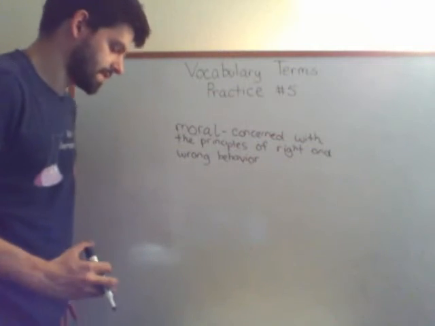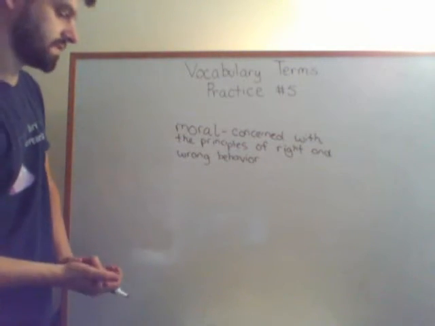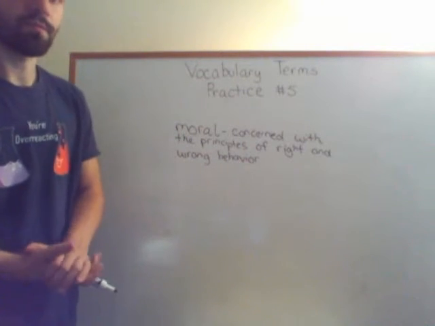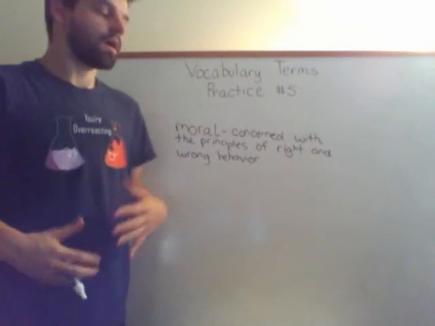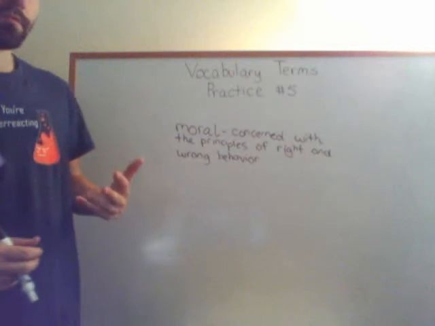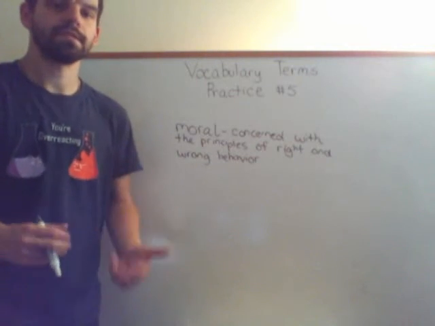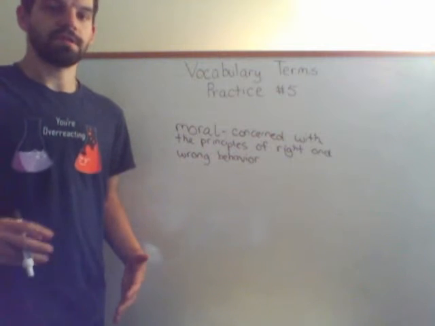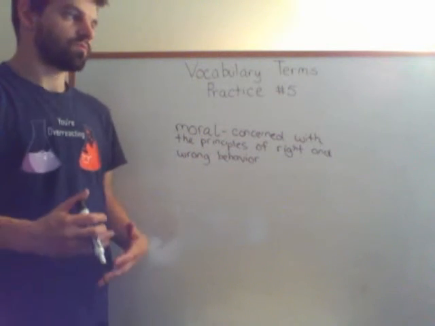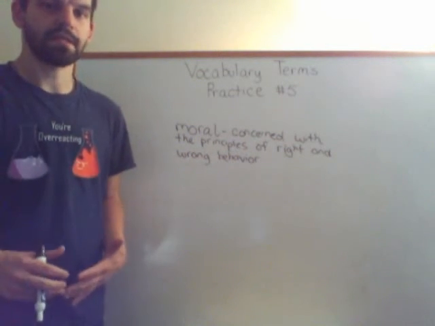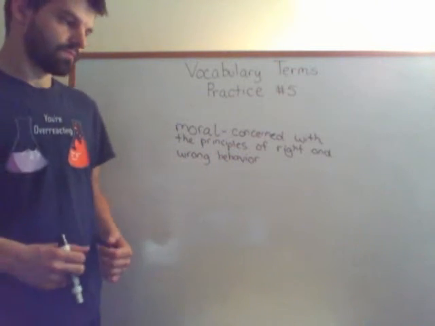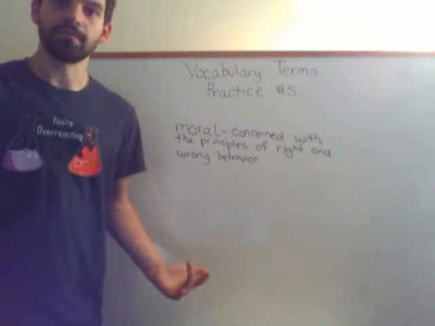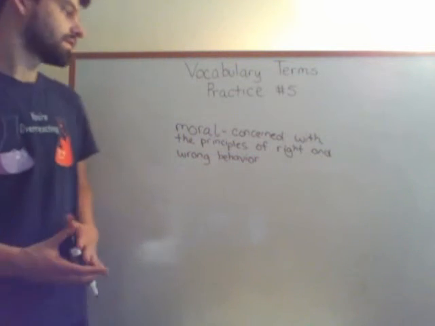Okay, and the sentence that I came up with for this definition is, he prides himself on being a highly moral and ethical person. Moral is basically what we as a society deem as what is right and what is wrong in terms of behavior and proper conduct, and basically how we act. It's basically kind of like how your conscience tells you what's right and wrong, kind of like that.